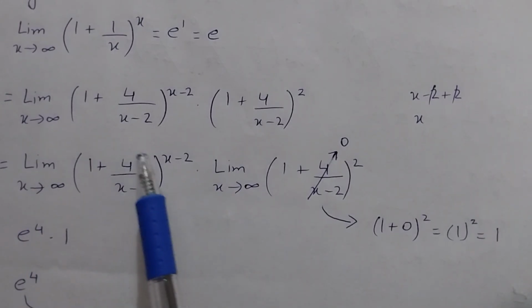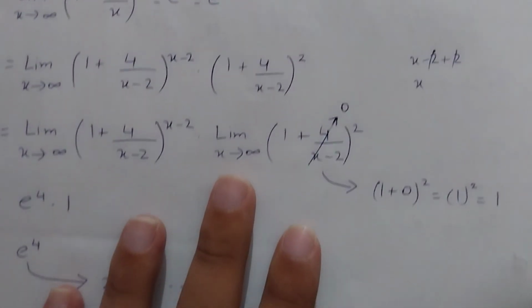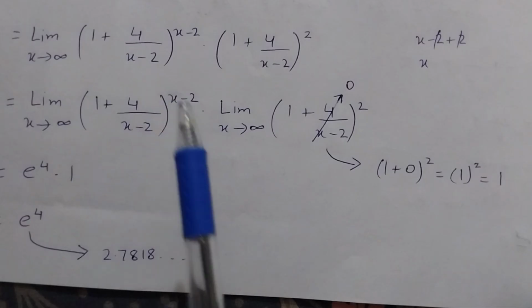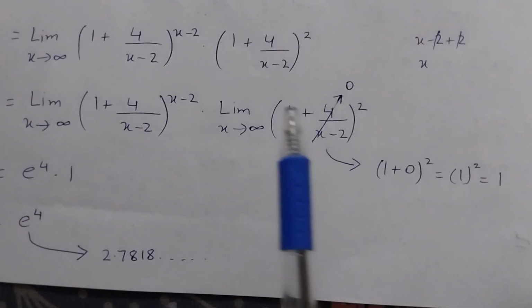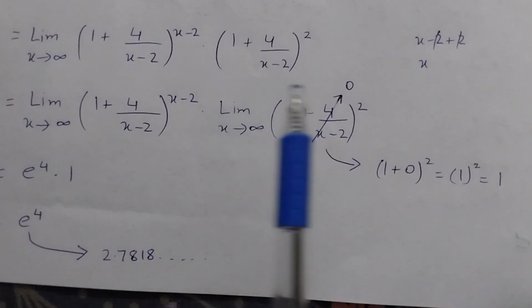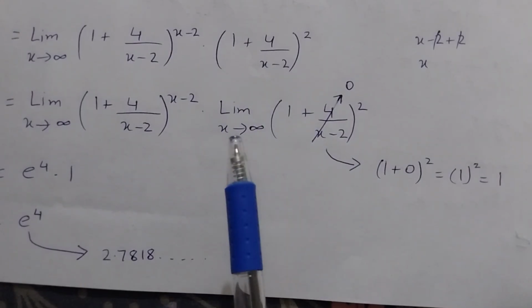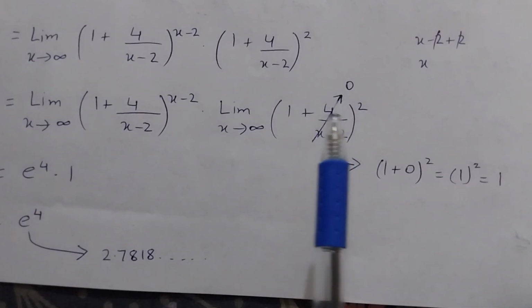So e raised to power a is e raised to power 4, because a is 4. So this is e raised to power 4, and we need to evaluate this limit so that we can evaluate what we want to evaluate.